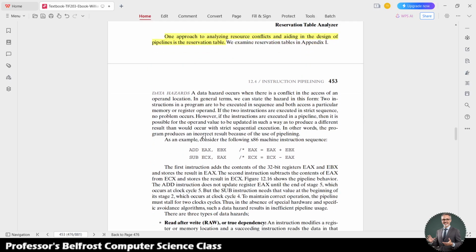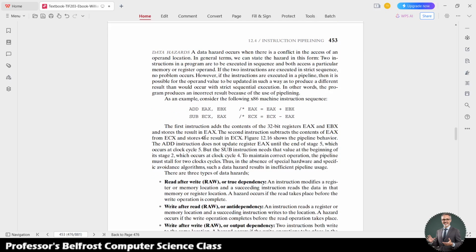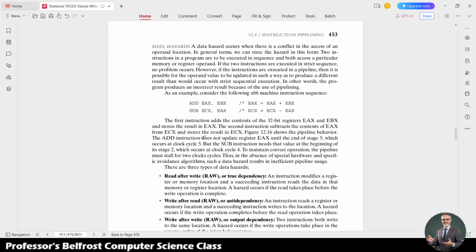Okay. The second type is data hazard. A data hazard occurs when there is a conflict in the access of an operand location, and in general terms we can state the hazard in two forms. First, two instructions in a program are to be executed in sequence and both access a particular memory or register operand.